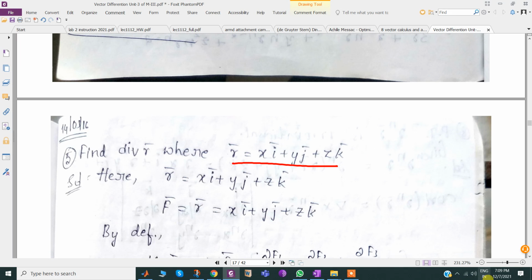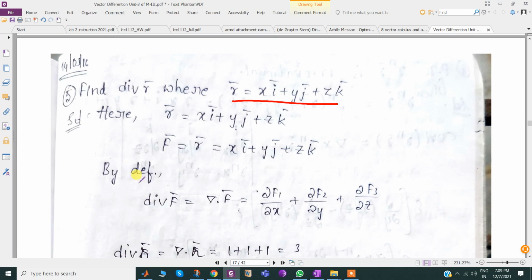That means r bar equal to x i bar plus y j bar plus z k bar, then r equal to under root of x² + y² + z², or r^n equal to (x² + y² + z²) whole power n, and immediately del r by del x, del r by del y, del r by del z is supposed to be this.